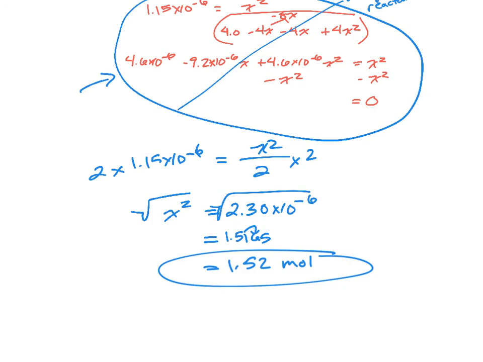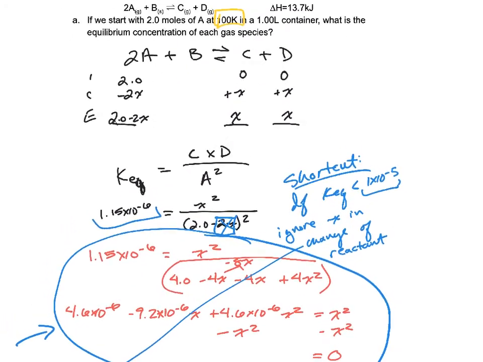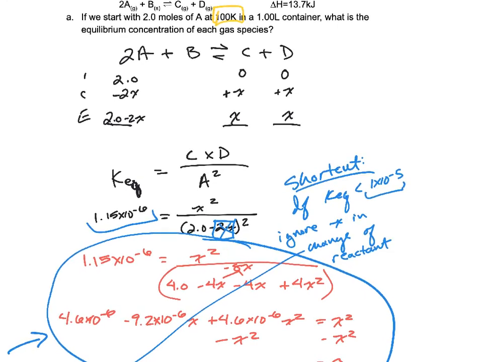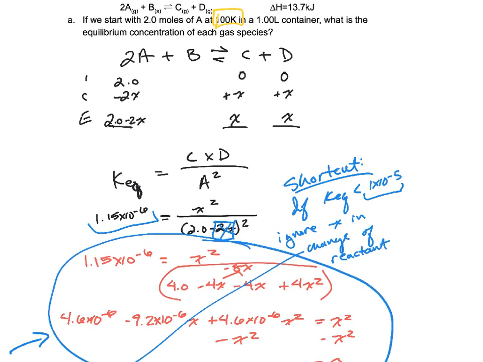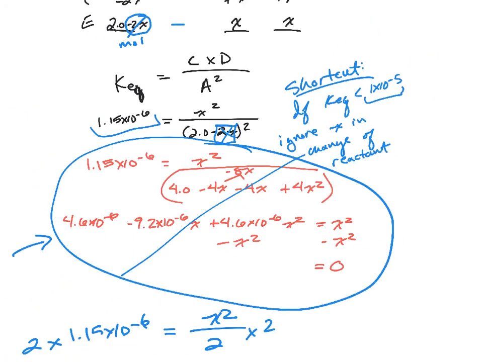So this is x. We use x to go back to this equation. So at equilibrium, remember, we just assumed that the change in x was negligible because our KEQ is so small. So at equilibrium, the concentration of A is 2 moles. B is a solid, so we don't include it in our calculation.